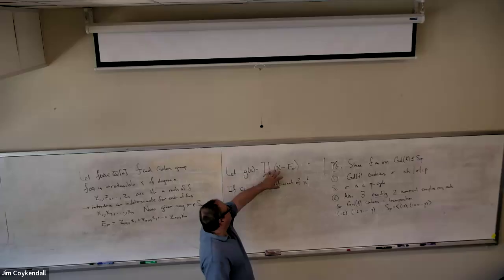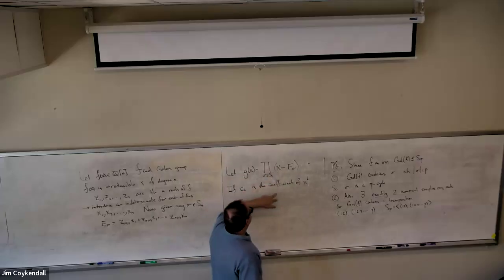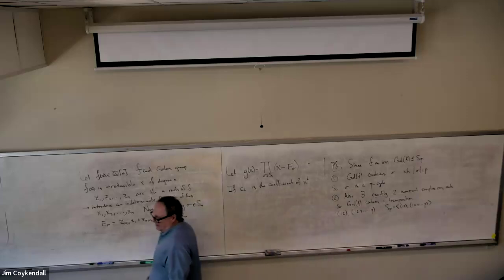So this is going to be a big mess. It's going to be a degree n factorial polynomial in the variable x. So I want to define Ci to be the coefficient of x to the i.